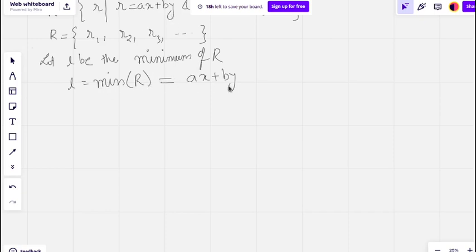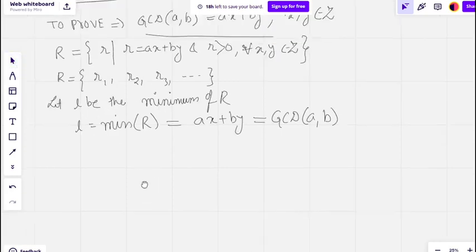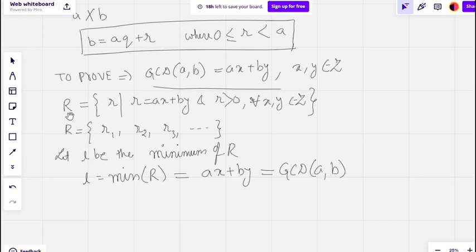So that is why L equals AX plus BY, and this is the GCD. And this is what we mean when we write that GCD of A comma B equals AX plus BY: we simply mean that there is a set R which consists of positive elements.